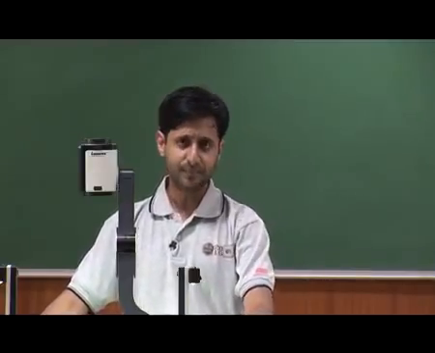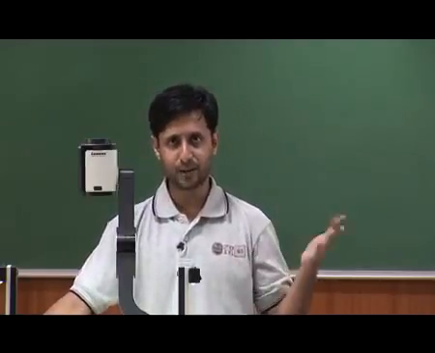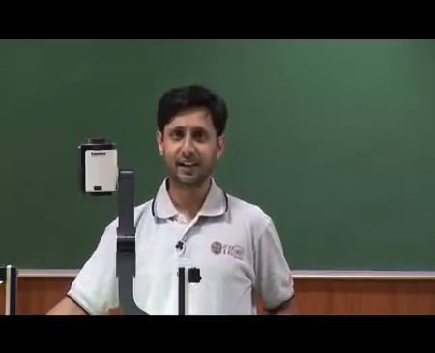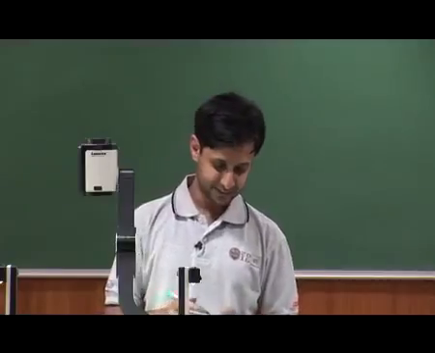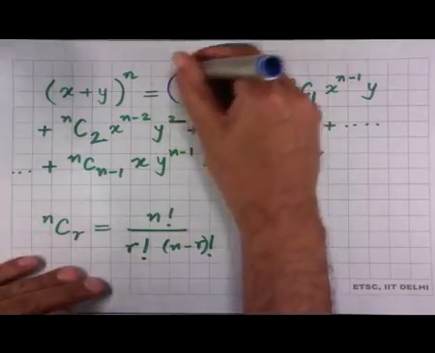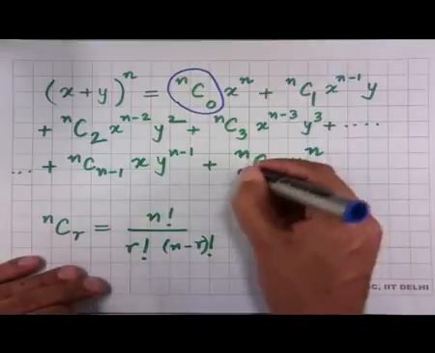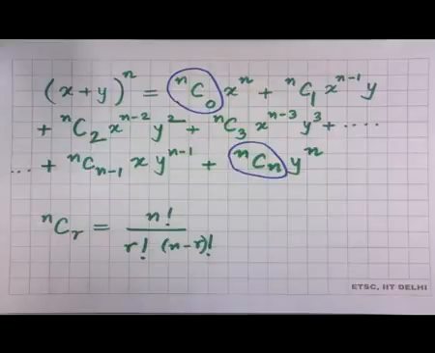Now, some of the very interesting properties, and a lot of these are coming just from the fact that these are combinatorics, right. One of the properties is that the first coefficient n choose 0, and the last coefficient n choose n, are equal. Why is that?